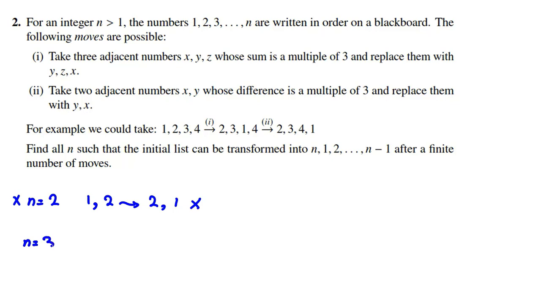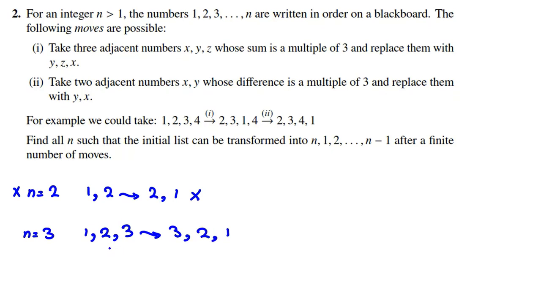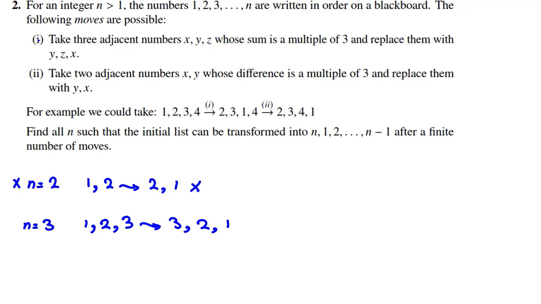Let's check n equals 3. We want to see whether it is possible to move 1, 2, 3 to 3, 1, 2. If we apply the first rule, x, y, z goes to y, z, x.